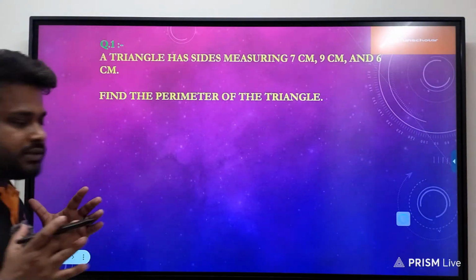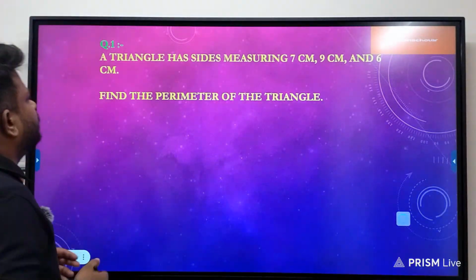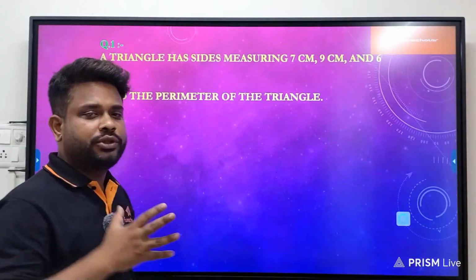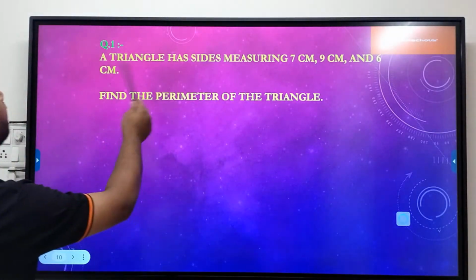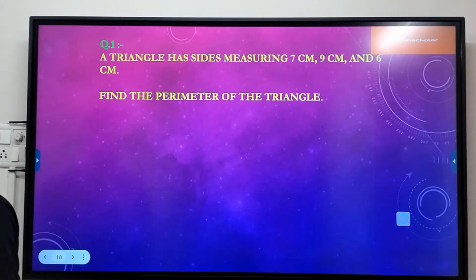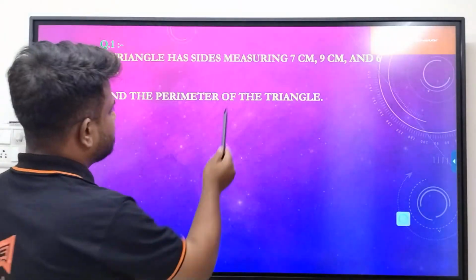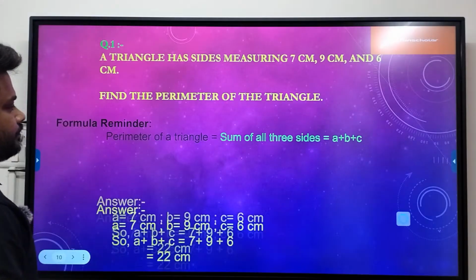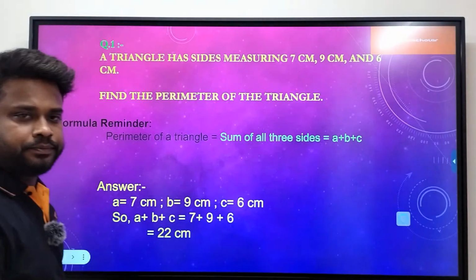Next, let's do a little bit of sums. This one is pretty simple. You can solve this question with mental math. A triangle has sides measuring 7 cm, 9 cm and 6 cm. Find the perimeter of the triangle. You just have to add 7, 9 and 6 and the answer will be 22 centimeters.